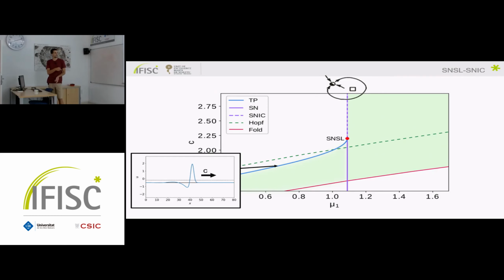We have studied what happens to the pulse in this region, and it seems that this can be associated with a saddle node separatrix loop bifurcation that separates a region where the saddle node of the moving reference frame is just a saddle node outside of the cycle, and from there it becomes a saddle node in the cycle. And as C goes to infinity, it converts to the bifurcation that we see in the temporal dynamics.